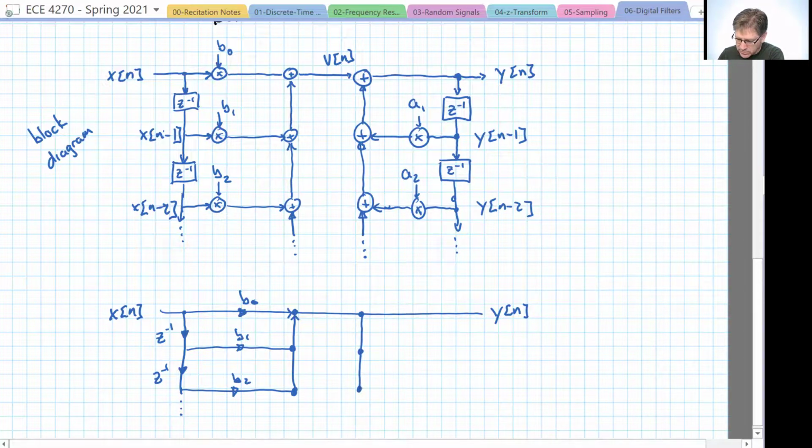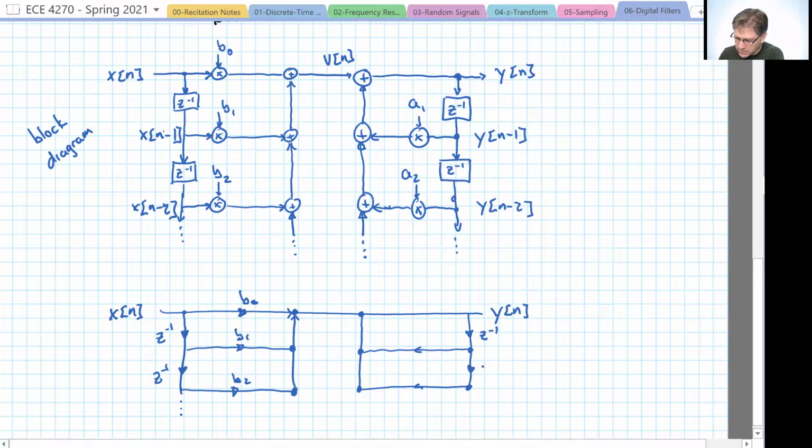So sums are just these nodes. You can put a node also in a place like this where it's not summing but it's splitting. So the node there shows connection.